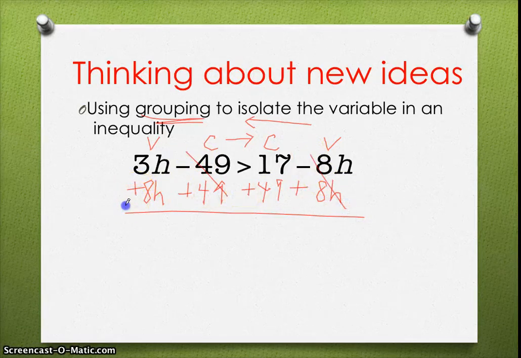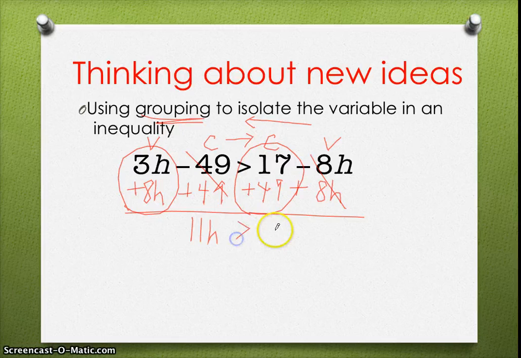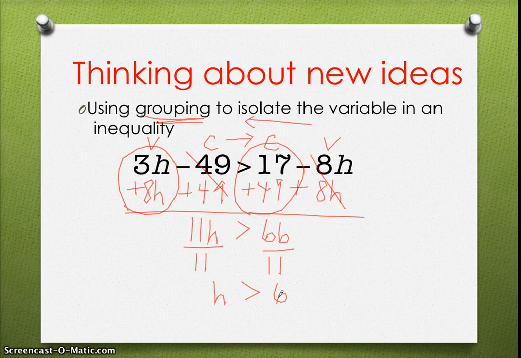We have all of our variables on one side, and we have our constants on the other. So we have 11h is greater than 66. That means that if we were to apply the inverse, or divide by 11, we get h is greater than 6. So that is applying this idea of grouping like terms in order to solve our inequality.